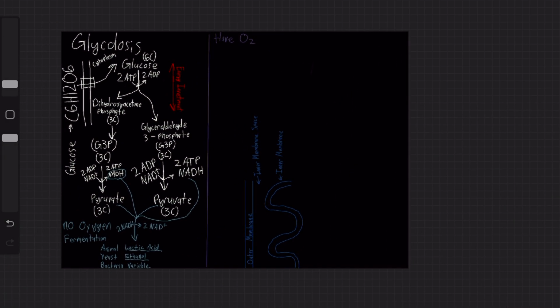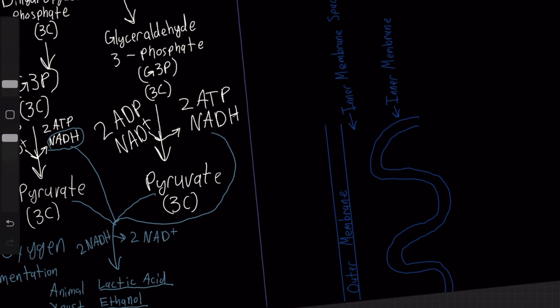When we have O2, this is going to happen. So we have our product of pyruvate still. We have a product of NADH. And we have another product of NADH, and another product of pyruvate.